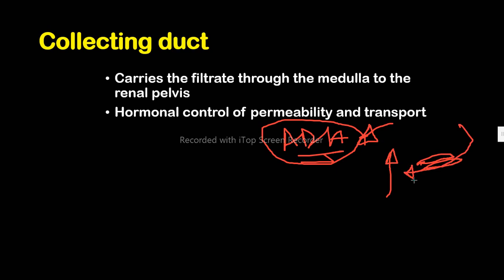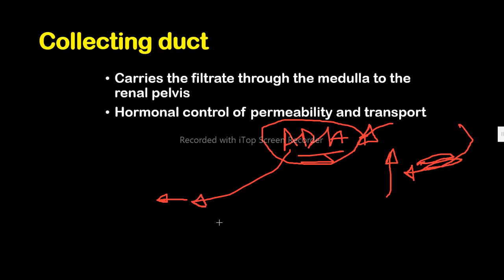Hence, much water is going to be reabsorbed from the renal filtrate into the interstitial fluid. And you control the amount of water that is going to be excreted. In this case, you produce a hypertonic urine, a highly concentrated urine.